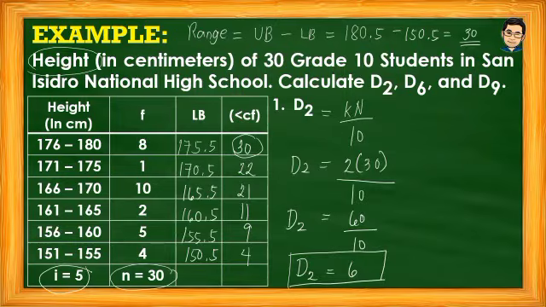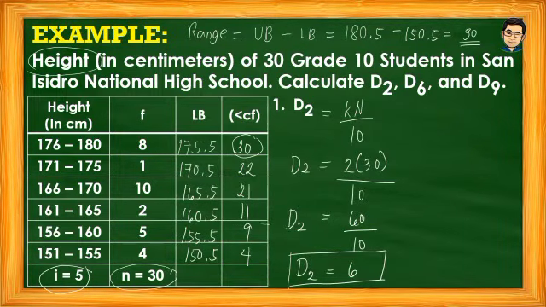So, saan located yung ating D sub 2 class? So, titingin lang po tayo dun sa less than cumulative frequency column. So, yung pinakamababa natin dito, 4. So, 4 is less than 6. So, kailangan pa natin mag-step pataas dun sa kasunod niya.